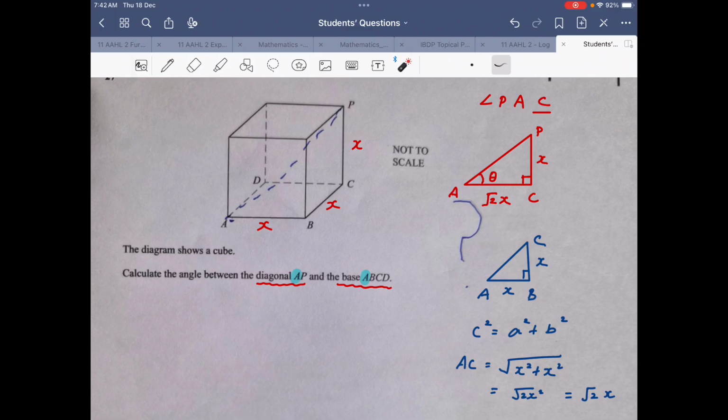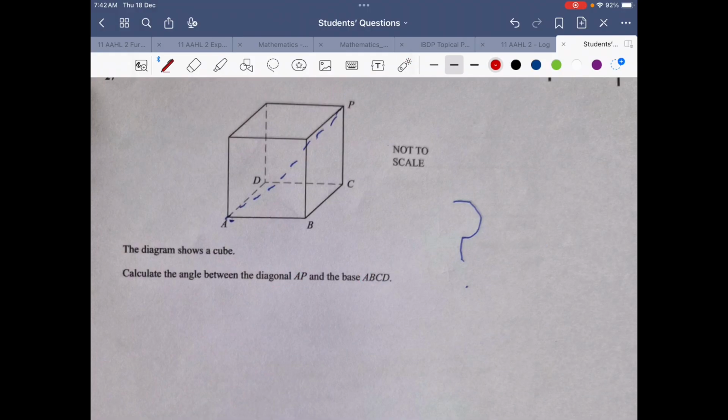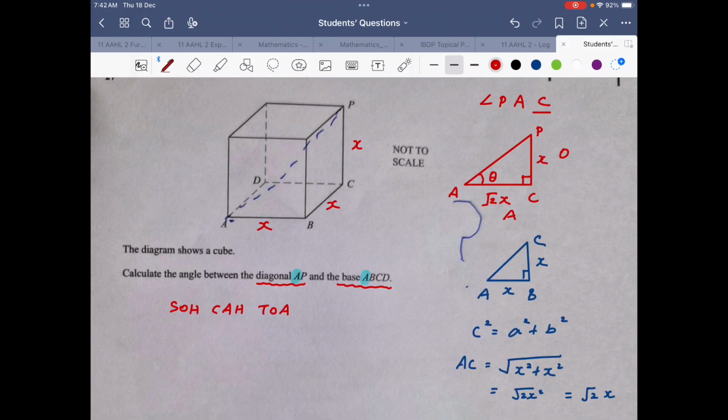Referring to the same right angle triangle, we can use SOHCAHTOA, if you remember SOHCAHTOA. This is the angle. Opposite of this angle will be labeled as O. This will be A, and opposite of 90 degrees will be H. We have the information about O and A, hence we go for T, tangent.